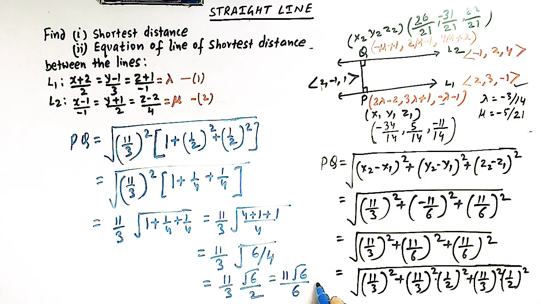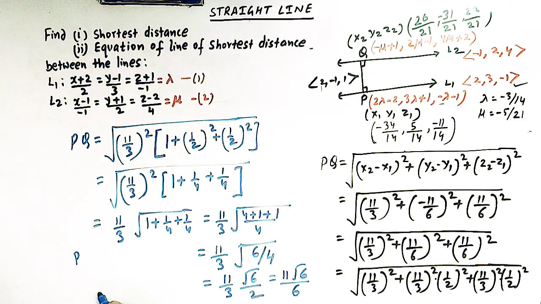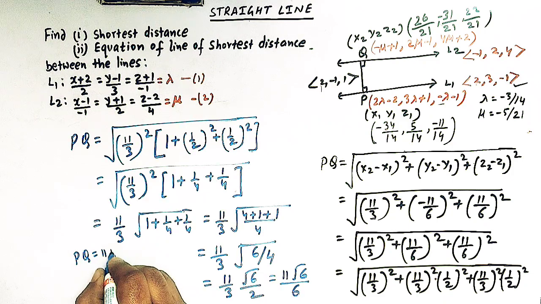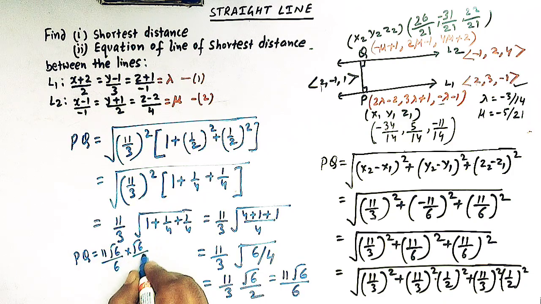Now rationalizing the numerator and denominator by root 6, we can write PQ is equal to 11 root 6 over 6 times root 6 over root 6. So this is 11 times root 6 times root 6 is 6, and here we have 6 times square root of 6.